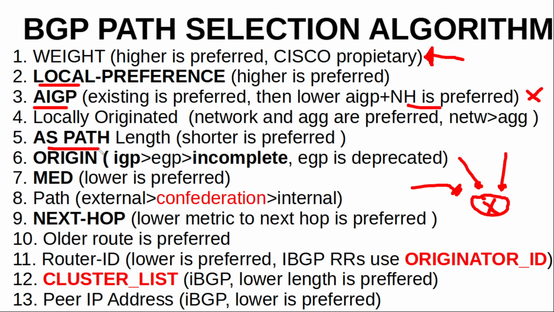Then the length of the AS path, shorter is preferred. Then we're going to examine the origin, whether it is IGP or incomplete. So we are going to compare network command versus redistribution command, MED, whether we learned this from an eBGP or iBGP. The next hop, the lower metric to the next hop is preferred. The older route is preferred. The router ID, cluster ID, and peer IP address.